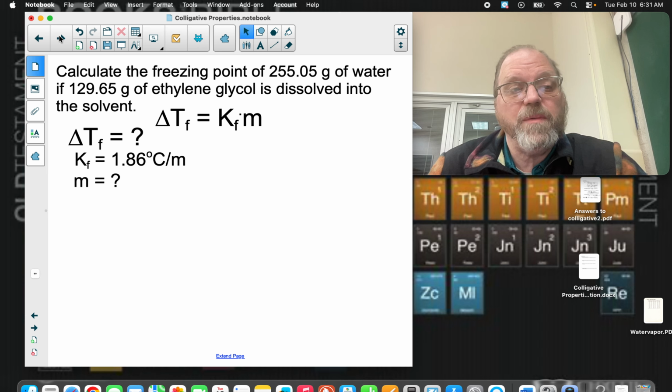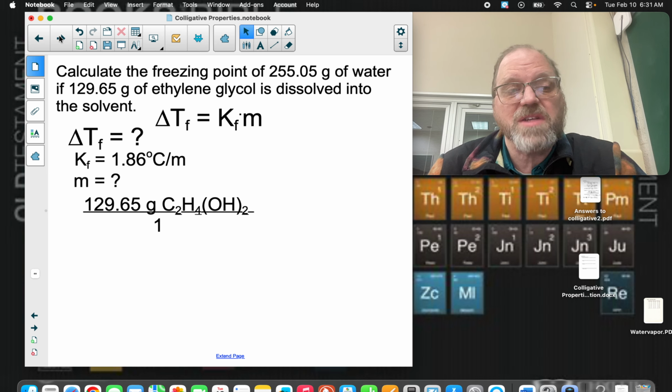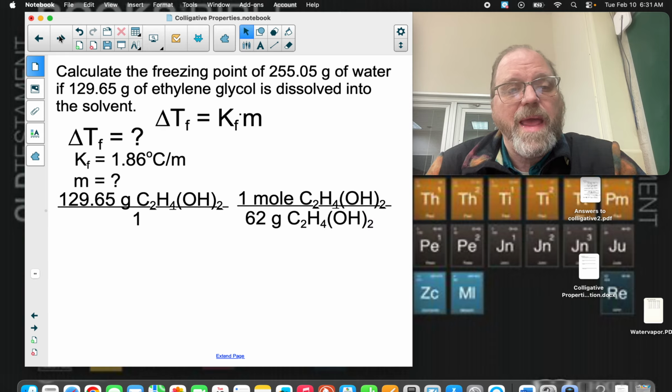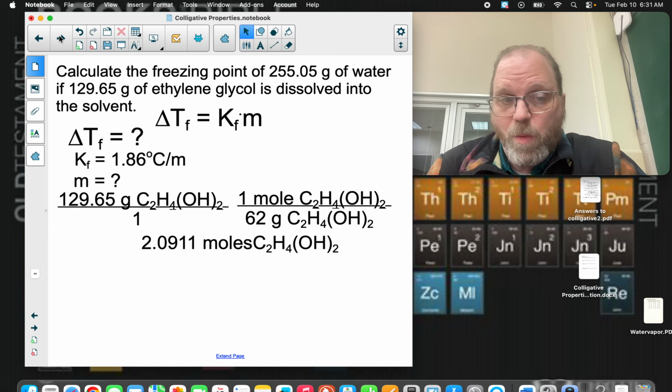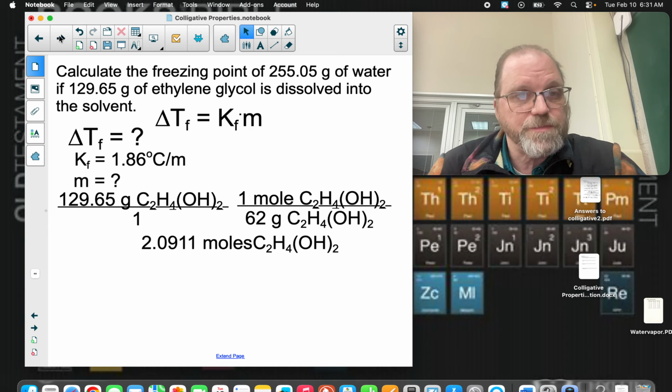So we have 129.65 grams of ethylene glycol, C2H4(OH)2, and that's 62 grams in 1 mole. Dividing with sig figs, we get 2.0911 moles of C2H4(OH)2.